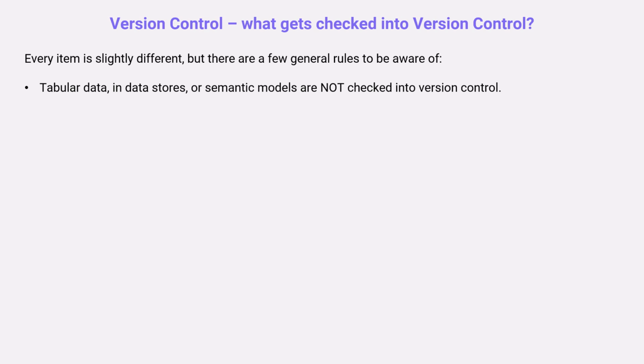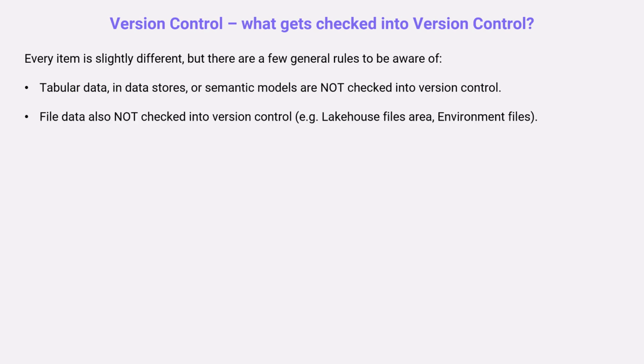So the data itself, tabular data in lakehouses, data warehouses, semantic models, is as a rule not checked into version control. Similarly, file data is also not checked into version control. So data you put into a lakehouse file area is not going to get checked into version control.